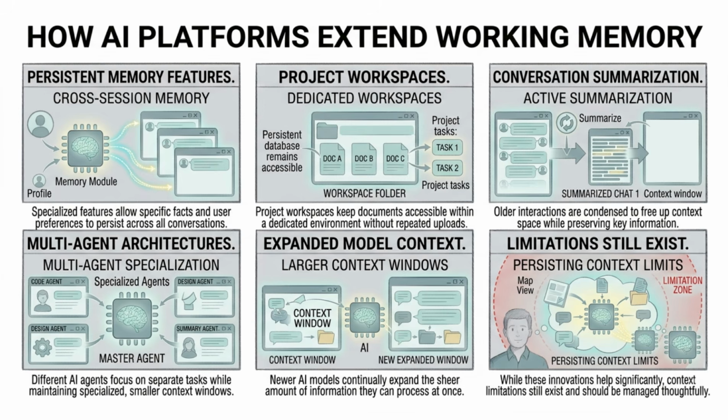Multi-agent architectures. Different AI agents can focus on separate tasks while maintaining specialized contexts. Larger context windows. Newer AI models continually expand the amount of information they can process at once. While these innovations help, context limitations still exist and should be managed thoughtfully.